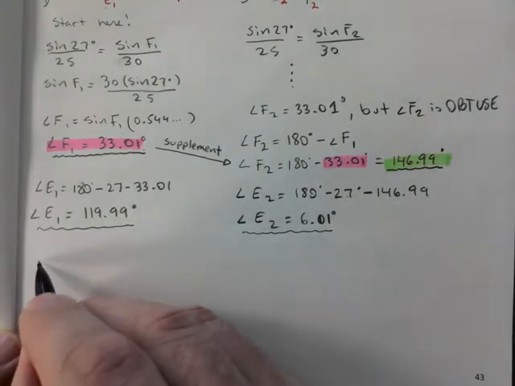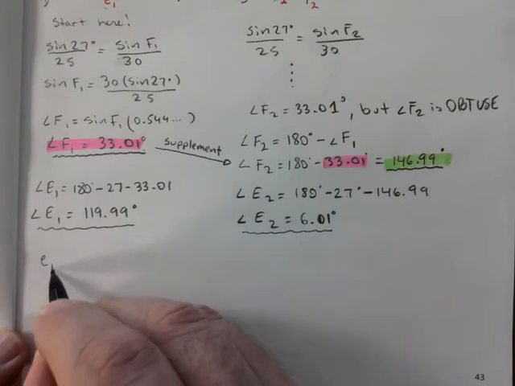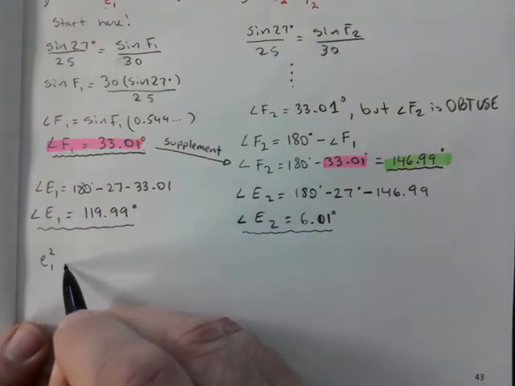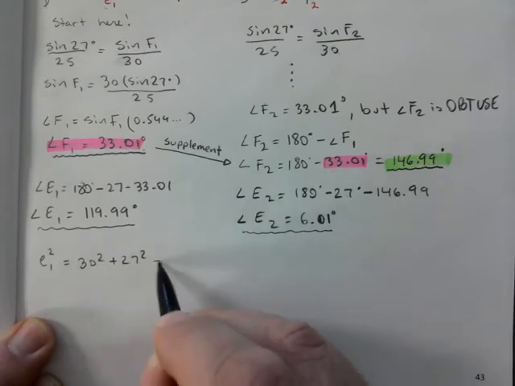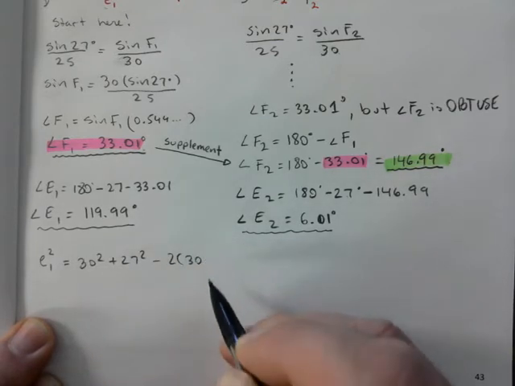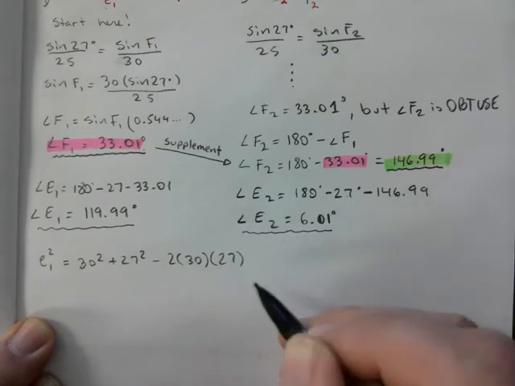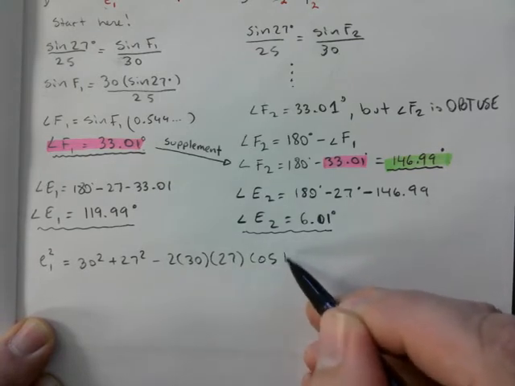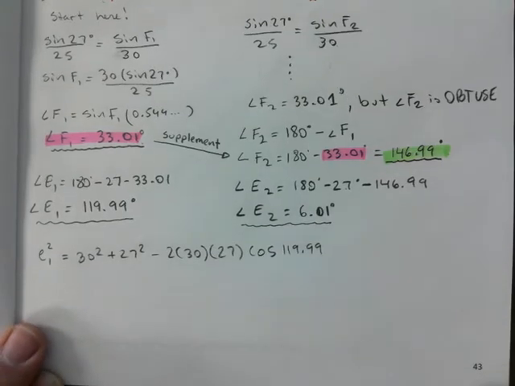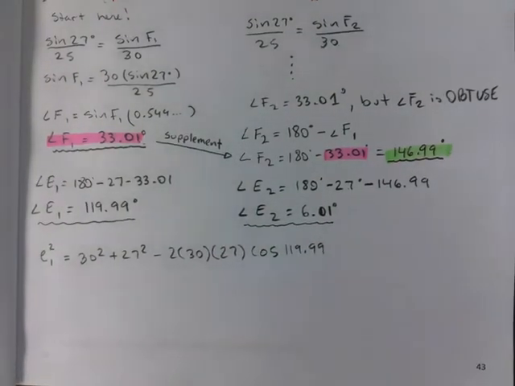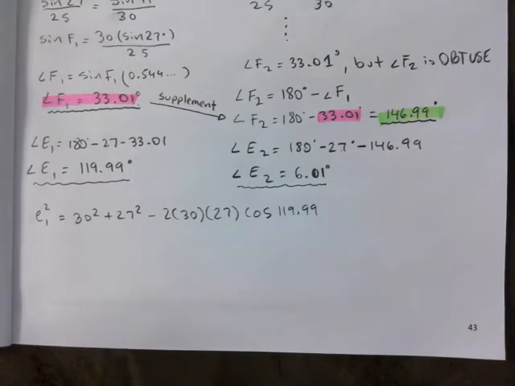To find side E1 squared, I'm going to go 30 squared plus 27 squared minus 2 times 30 times 27 times cosine of 119.99. And I will always give you lots of room to do these ones on a test for sure.